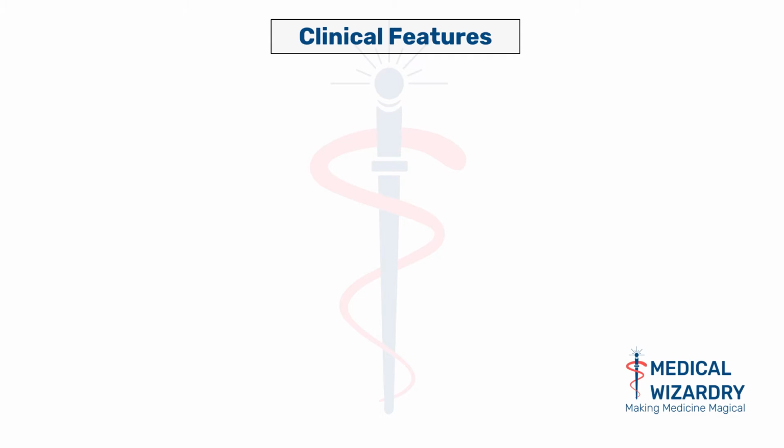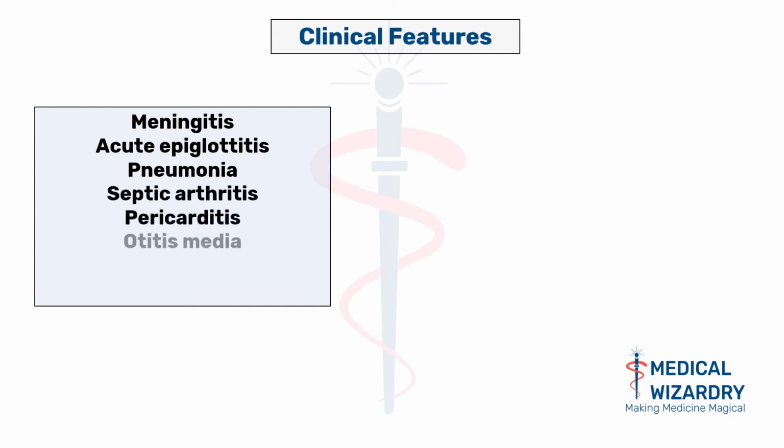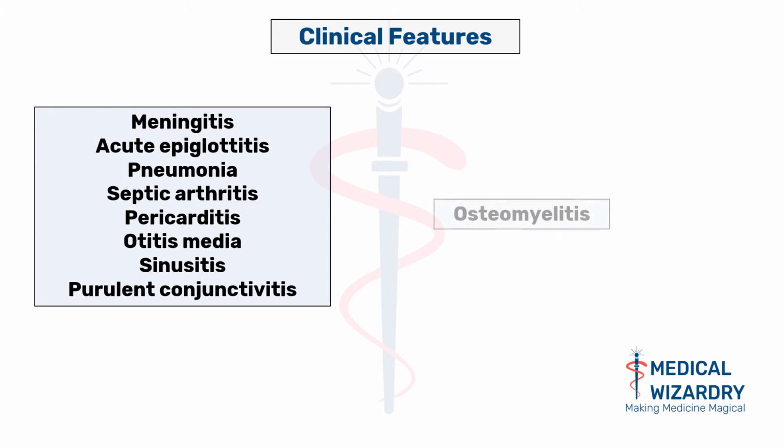The most common clinical manifestations are meningitis, acute epiglottitis, pneumonia, septic arthritis, pericarditis, otitis media, sinusitis, and purulent conjunctivitis. Osteomyelitis is most commonly and almost in all situations caused by Staphylococcus aureus, but in children H. influenzae gets the title.